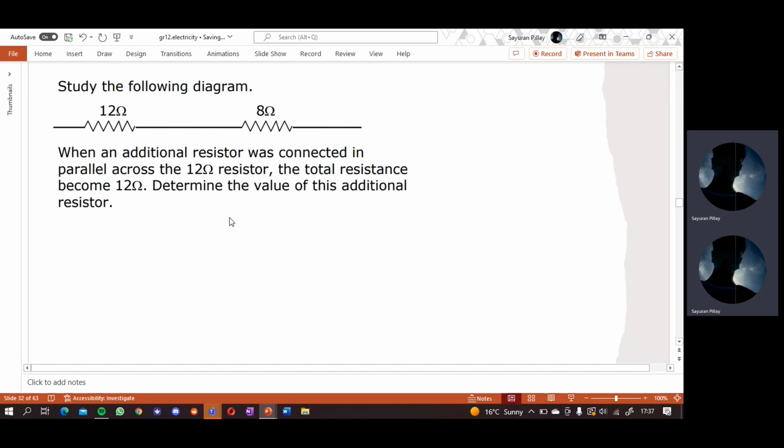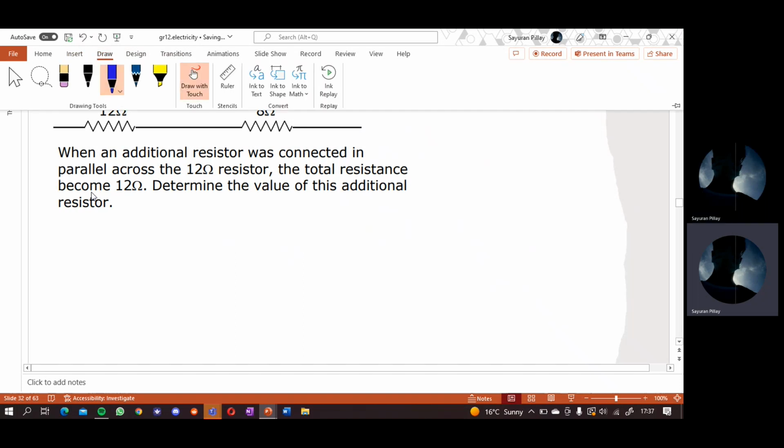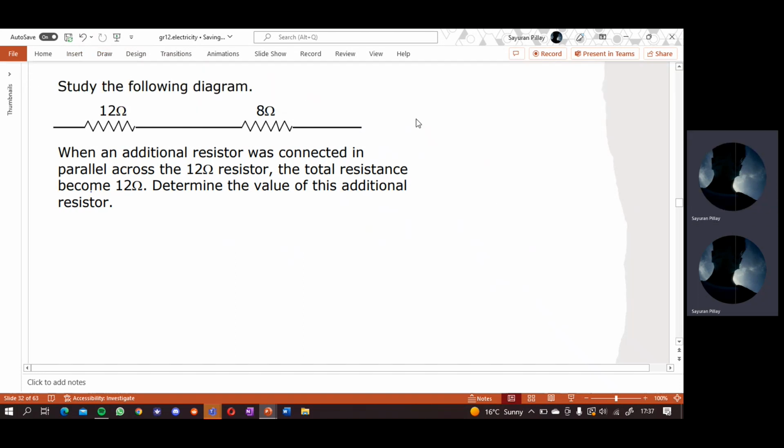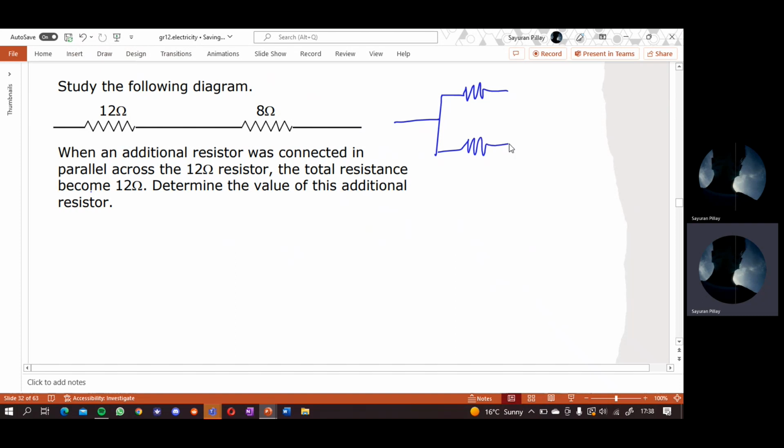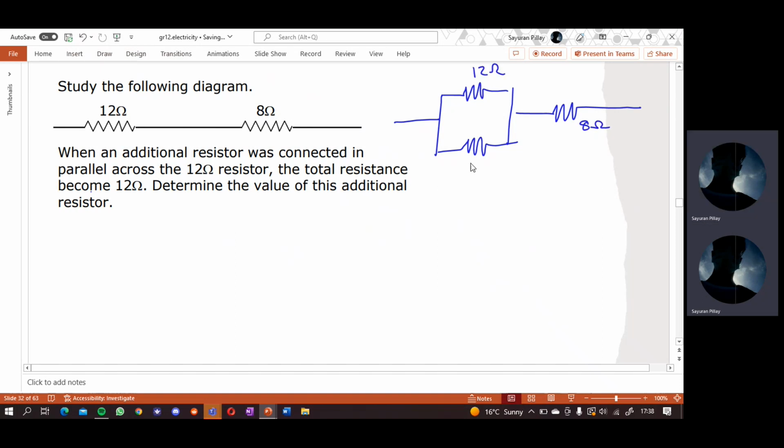Study the diagram below when an additional resistor was connected in parallel across the 12 ohm resistor. So let's redraw this. Eight ohms here, 12 ohms here, an additional 12 ohm resistor here.